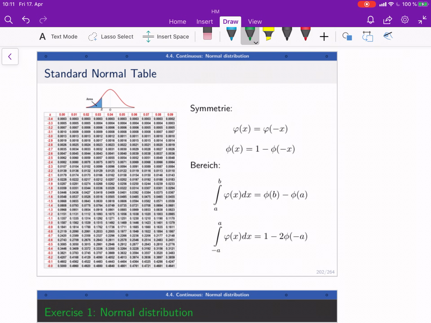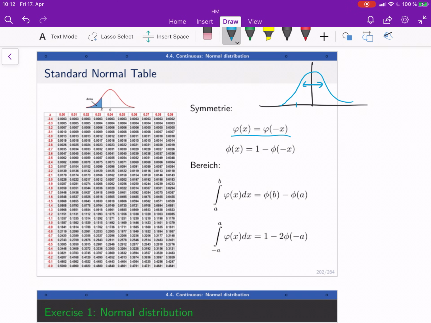So we want to exploit the symmetry of our distribution to keep the table small, and it also helps the understanding of what's going on. So the symmetry obviously is this mirror symmetry with the vertical axis. If I just draw the curve again roughly, then you see the symmetry left and right.